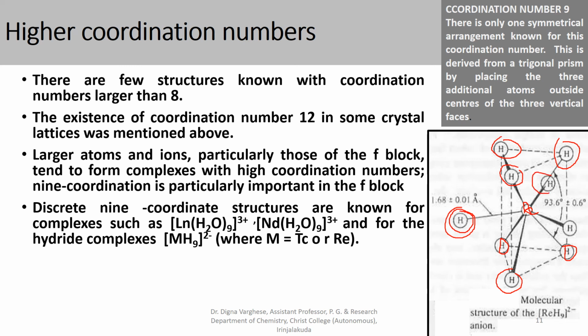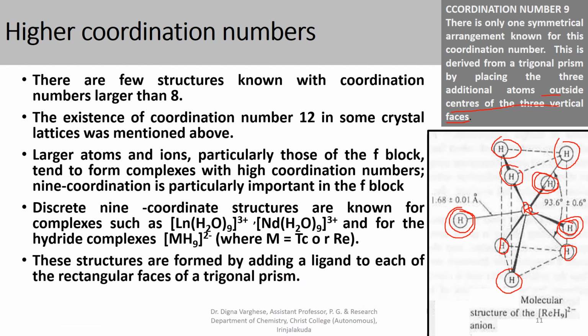One is here, and the other one is here. You can see with double circled hydrogen atoms. These hydrogen atoms are placed outside the centers of three vertical faces. Okay, so it forms a 9 coordination.